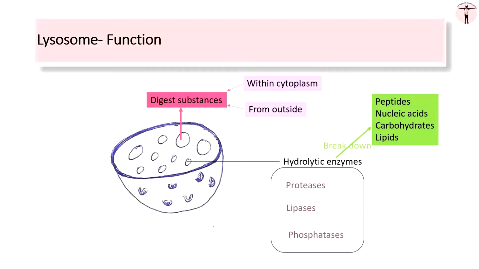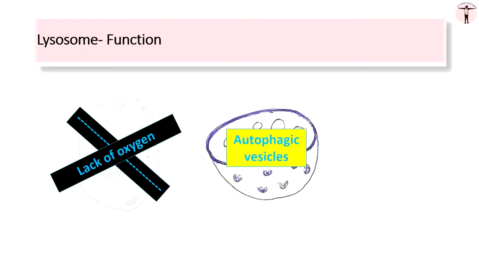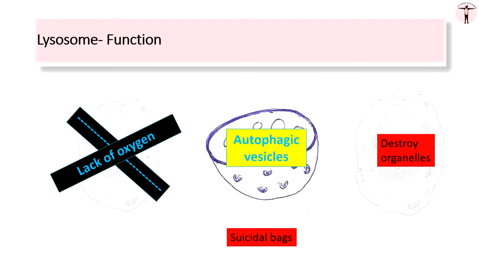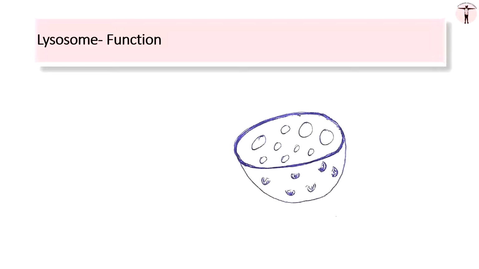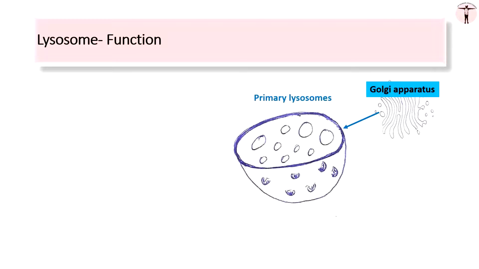Before a cell dies due to lack of oxygen or for other reasons, the lysosomes act as autophagic vesicles and destroy all organelles of the cytoplasm. Hence, they are known as the suicidal bags of the cell. The lysosomes, rich in glycoproteins, are derived from the mature phase of the Golgi apparatus as primary lysosomes.